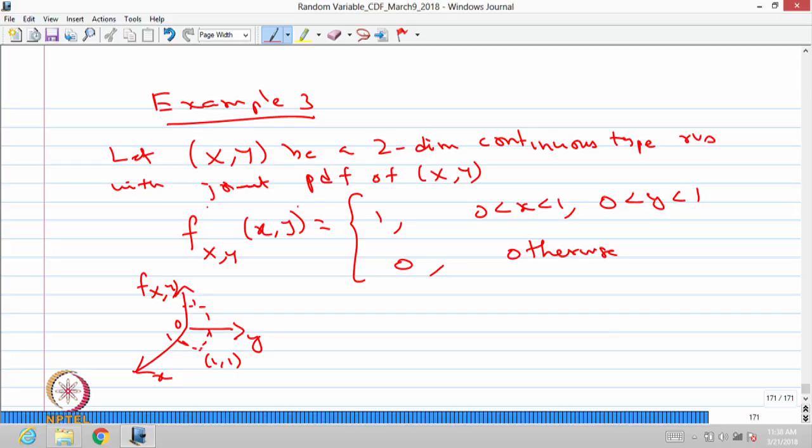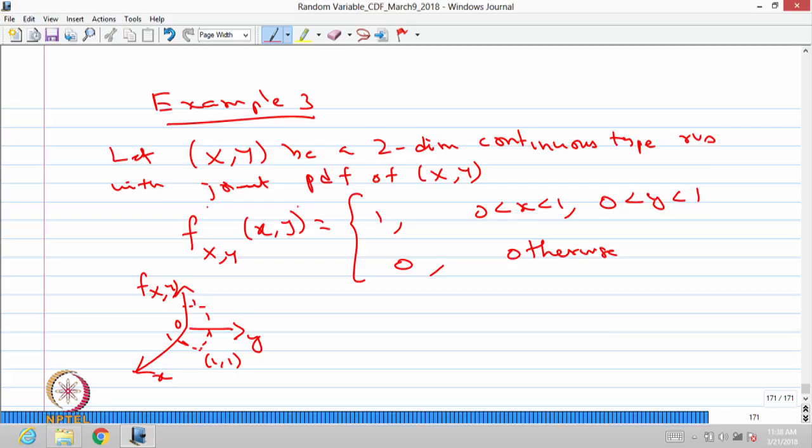If you find the volume below the surface, that is going to be 1, the volume of the cube. Therefore, it is easy to verify this is a joint probability density function of a two-dimensional continuous type random variable.